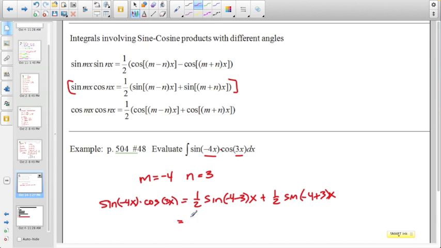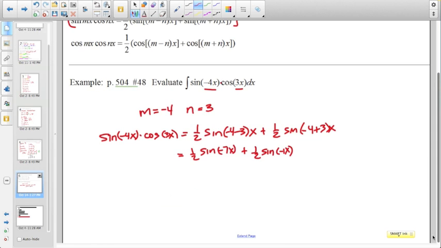So that ends up being 1/2 sine minus 7x plus 1/2 sine minus 1x. And so it takes what was a product and makes it a sum.